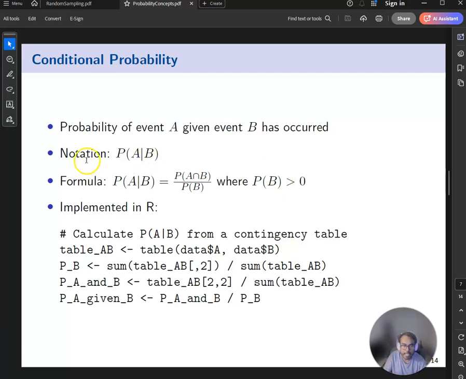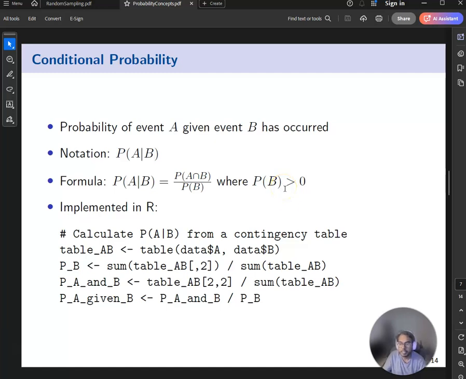We write that as P(A|B). This vertical slash stands for given B. So we read that as the probability of A given B. And the formula for that is P(A intersection B) divided by P(B), where P(B) is positive.